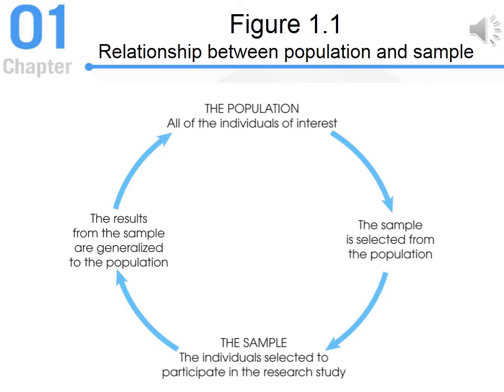Those women participate in our study on the sleeping habits of women, and we draw some conclusions about how much they're sleeping or how effective their sleeping is, or whatever we were interested in for our research question, and we draw conclusions about that sample, which we generalize to the population as a whole. That is, we say whatever we've learned about these 200 women in Northwest Arkansas is in some way representative of women in general.